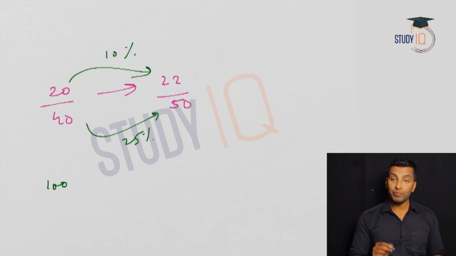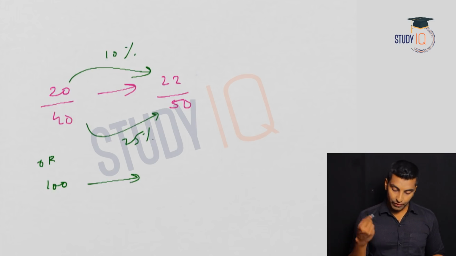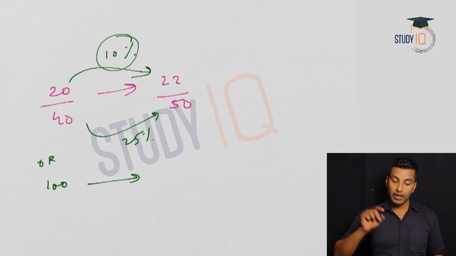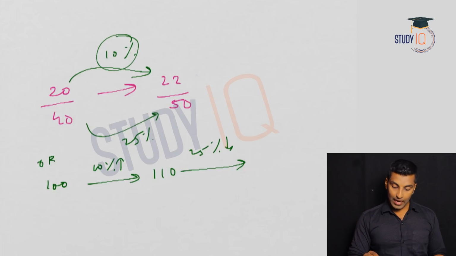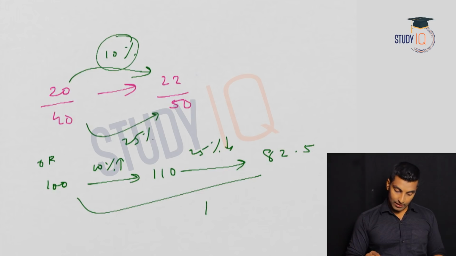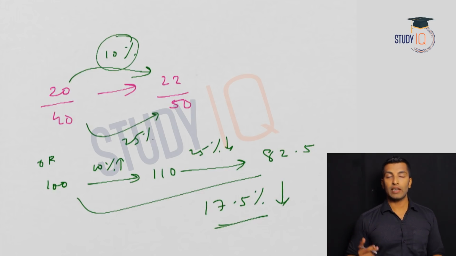So 100, that is the original ratio, becomes an intermediate ratio. We'll see what the intermediate ratio is because of the effect of the numerator. That is a 10% increase, which means 110. Then there is a 25% decrease, that is the denominator effect, which will lead to 82.5. So what is the change? A 17.5% decrease in the ratio. I hope this is clear for all of you.